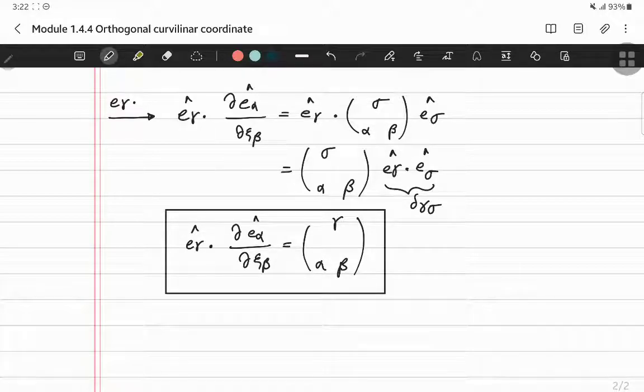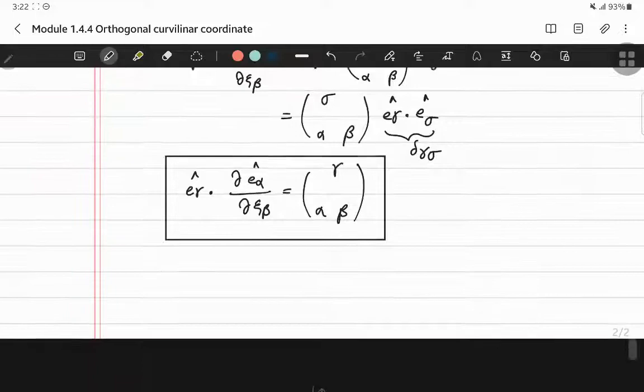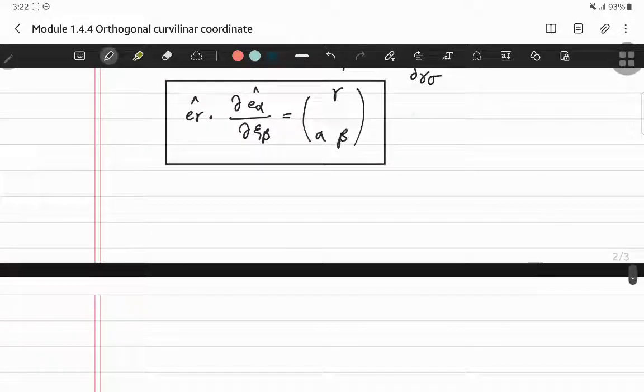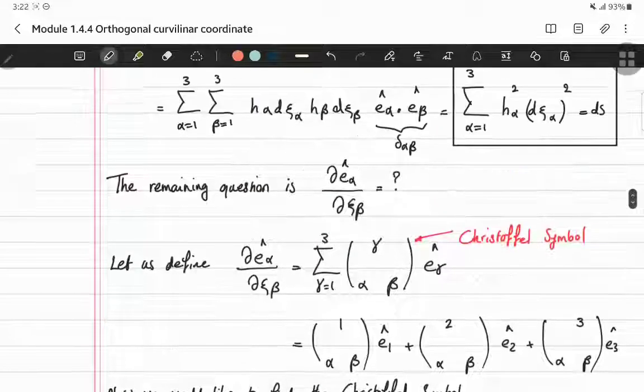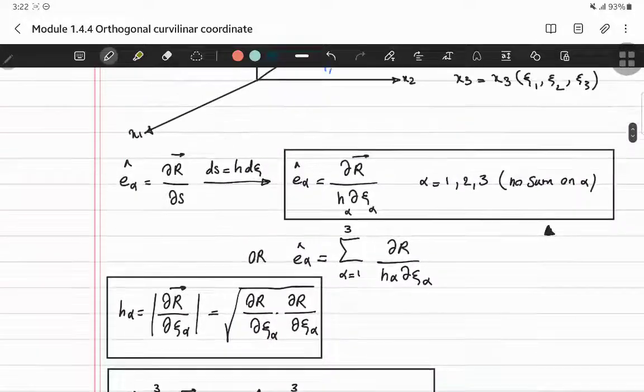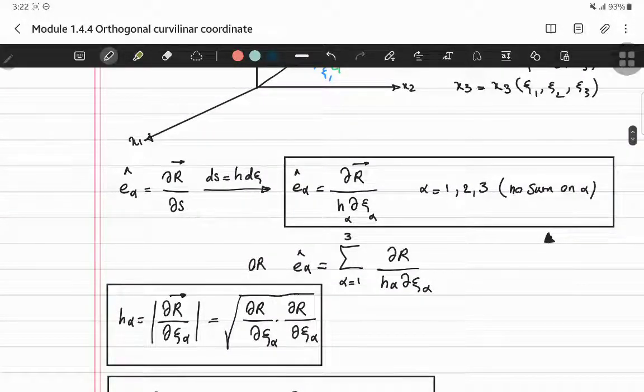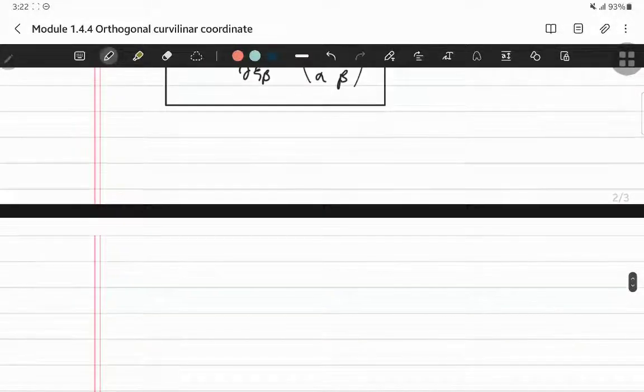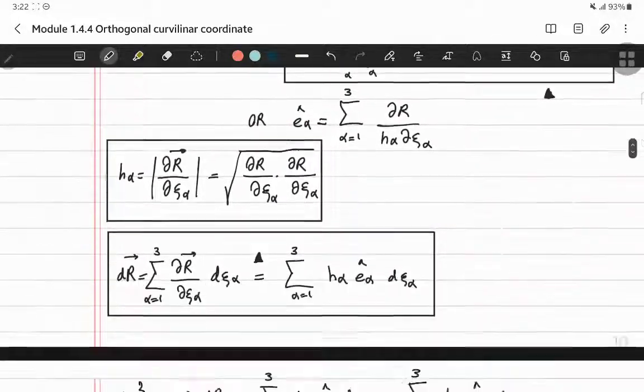So now I have this. I call this the black square. Here, if you remember, we had e alpha is 1 divided by H times the partial derivative of r with respect to Z alpha. So it was, if I remember, yes, black.